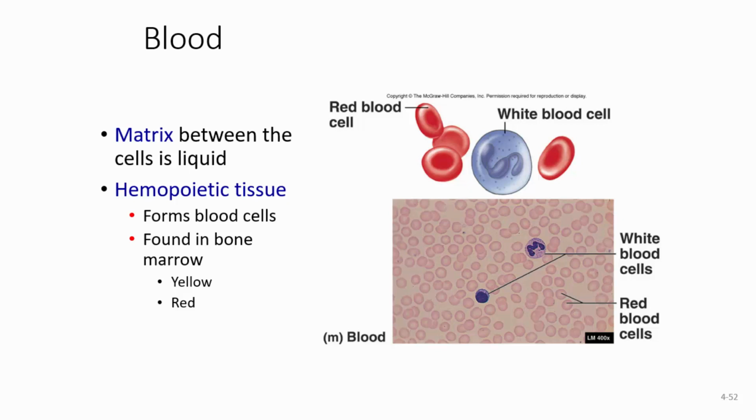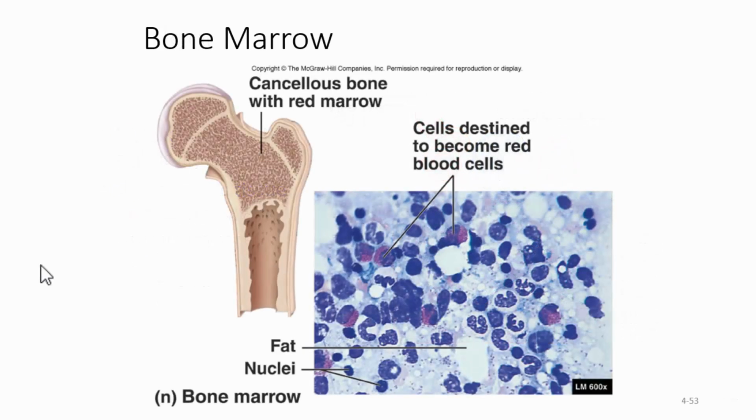But it's the red bone marrow that's kind of shoved into that spongy bone. And that's where that hemo or hematopoietic tissue is going to be found. And that's where your red and white blood cells are made. And here's an example of bone marrow tissue.